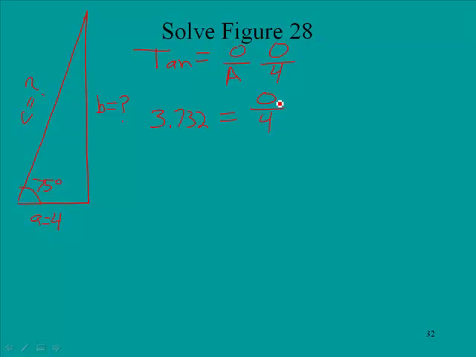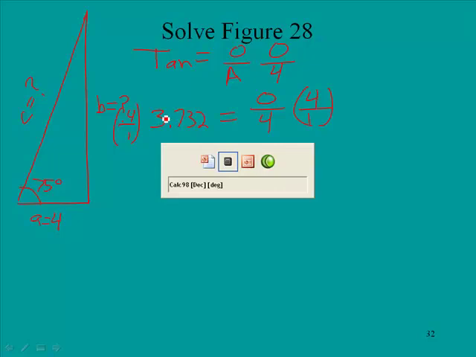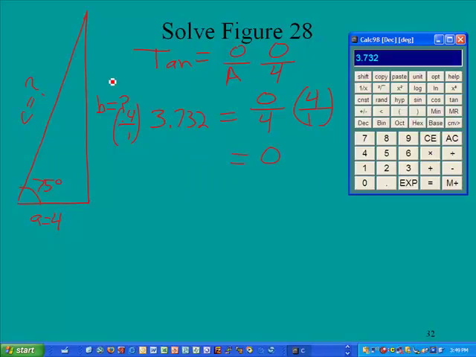And if we were to solve for this, we could take this side times 4 and this side times 4, and we would find out that the opposite is going to equal 3.732 times 4. And why don't we grab our calculator, and we take that value times 4, and we get 14.928.